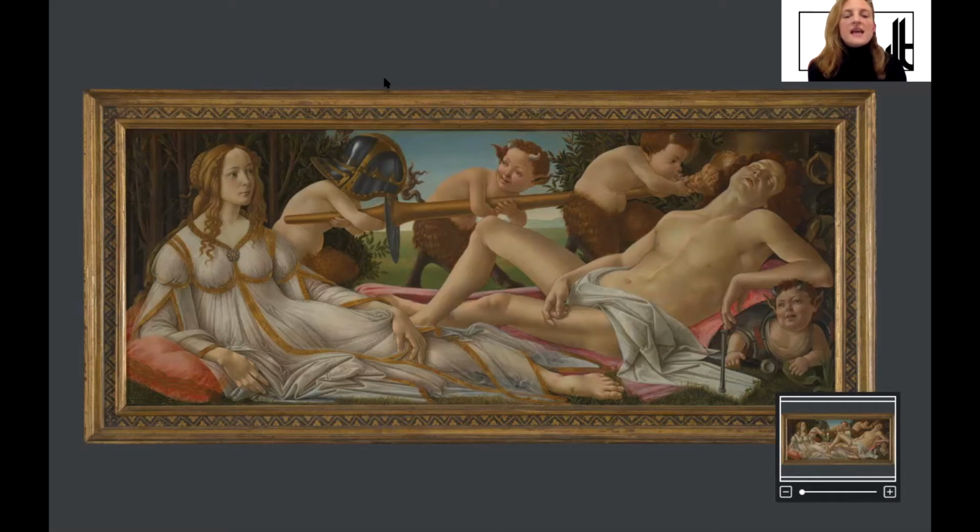So it was used really for the conception of children between a married couple. So this adds an extra level of significance to this painting, both in terms of its subject matter, which is incredibly moralizing. We have Venus, the goddess of love, sorry, who has conquered Mars, god of war.